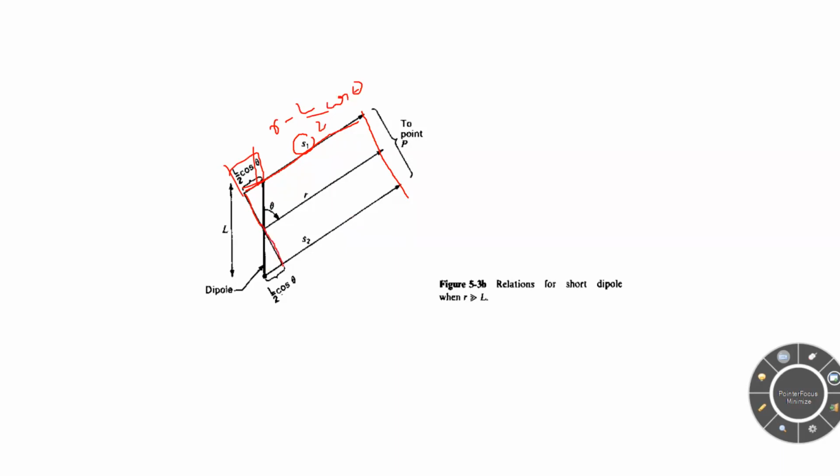And if you continue this line, this distance is equal to R. Therefore S2, from this point to this point, is equal to R plus L by 2 cos theta. These are a few things to note down before we start with the field components.